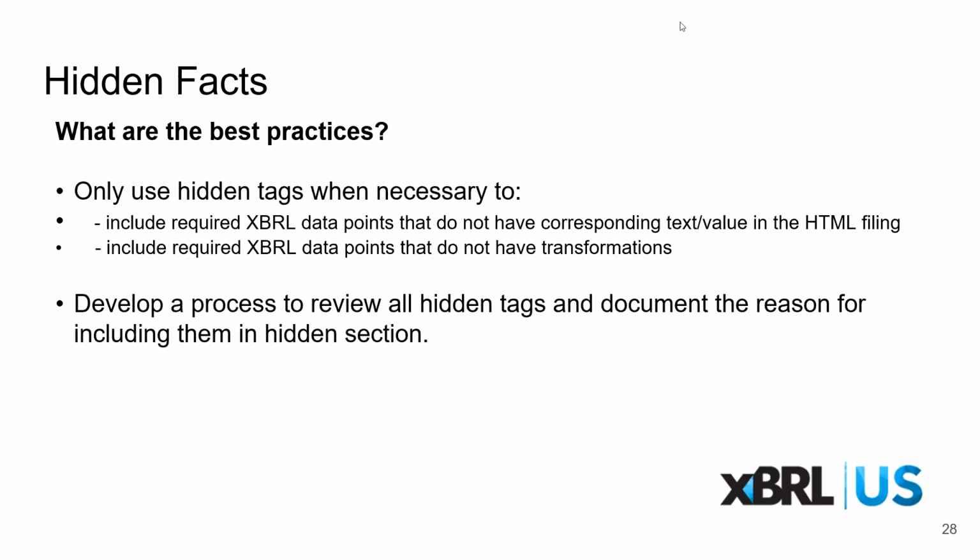So the short answer is yes, there are proper scenarios for including disclosures in hidden facts that are not DEI items. It's just a matter of making sure that there is a valid reason for doing that.